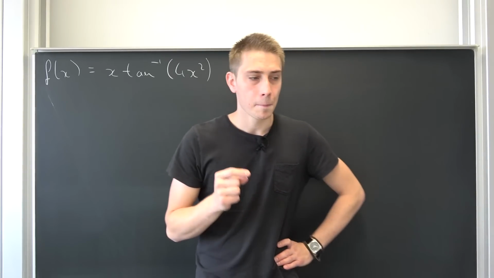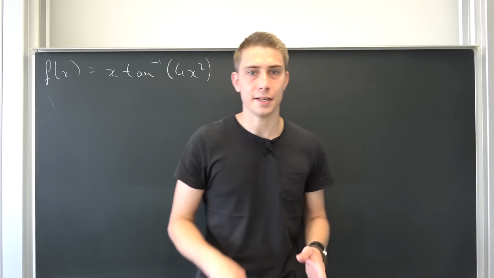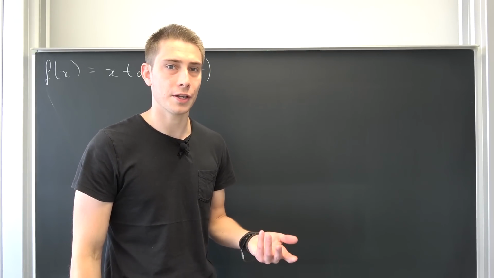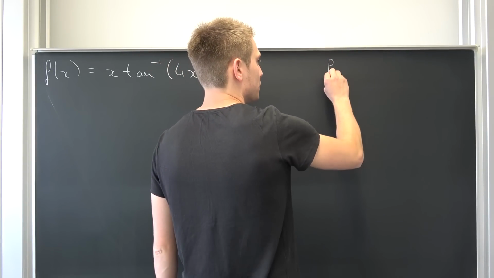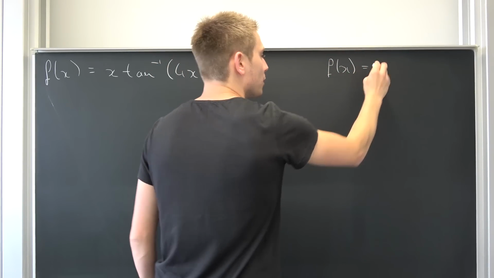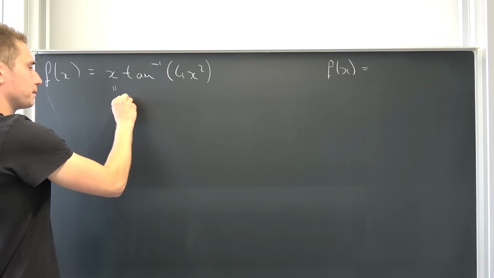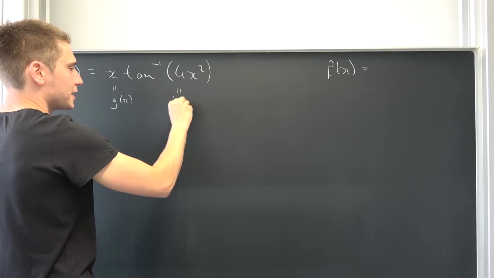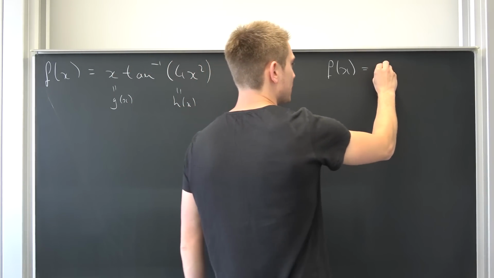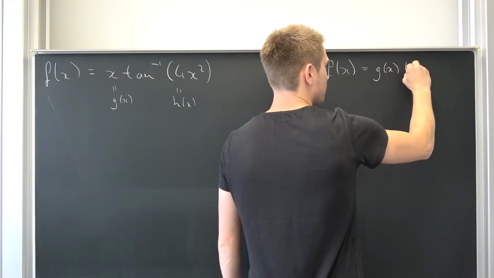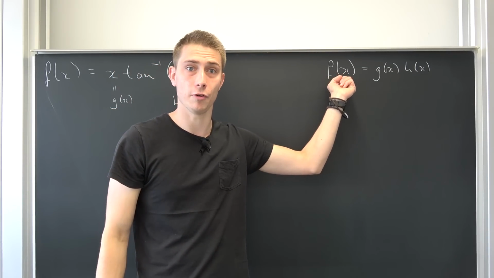Well, with Taylor series, if they converge absolutely in their radius of convergence, there's one nice thing. If we would, for example, want to find out the Taylor series of f of x in this case, well, what we can do, if we consider this to be g of x, and we consider this to be h of x, for example, if we just multiply two Taylor series together, this is going to result in the Taylor series of our f of x.